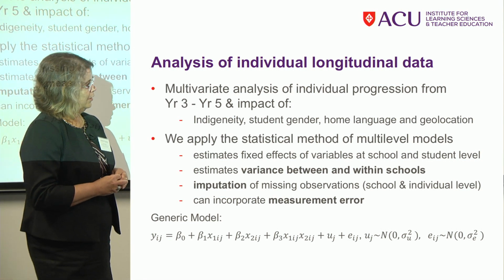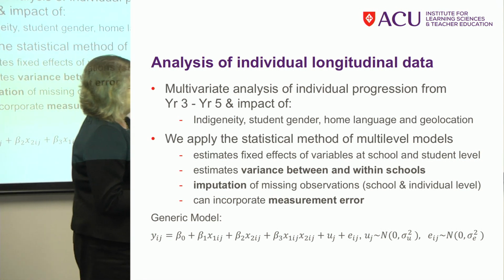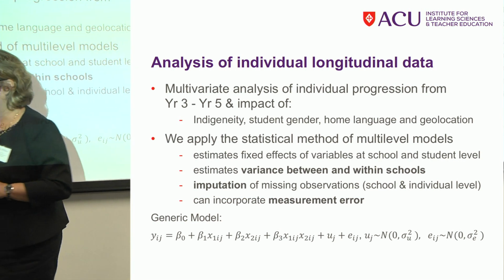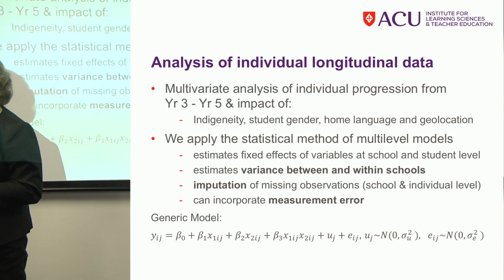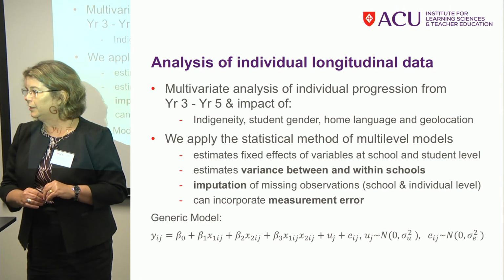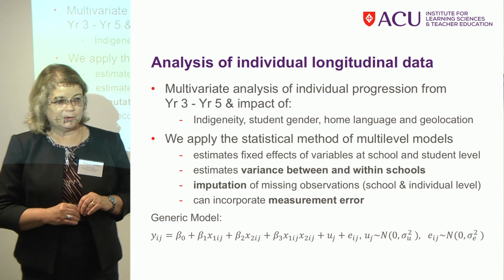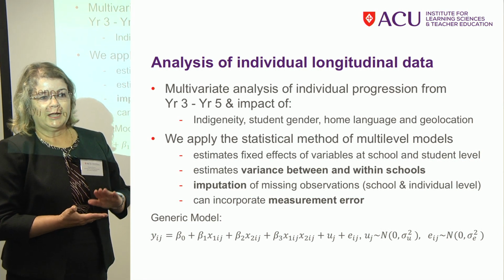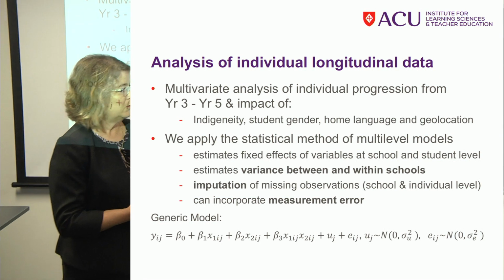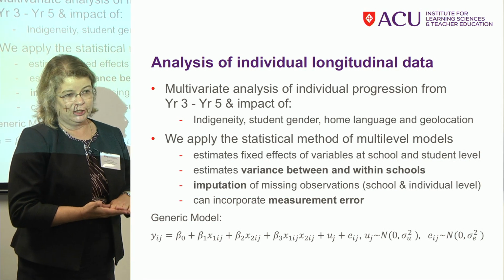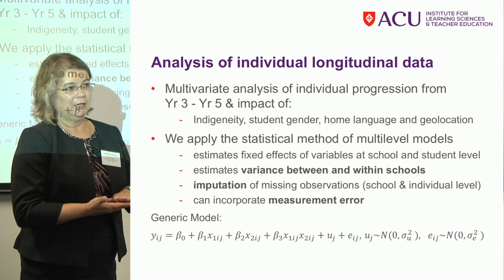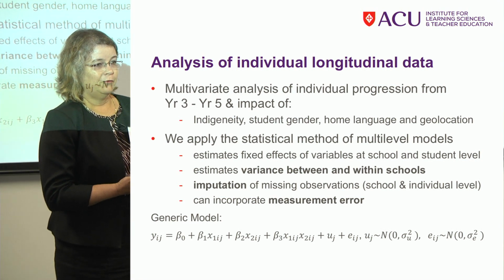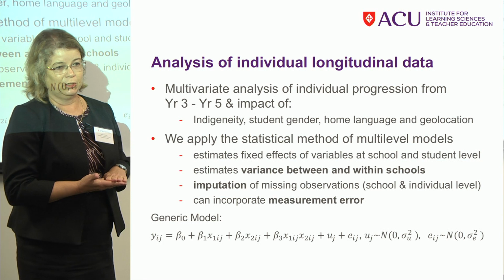So our multi-level models allow us to do this and capture change over time, but it also does a number of other things. We can estimate the effects of variables at both school and individual level. So we can capture aspects of the school and how that impacts on growth if we can measure that. Now if we don't have measures at the school level, we have a few measures in NAPLAN data, but not a lot.